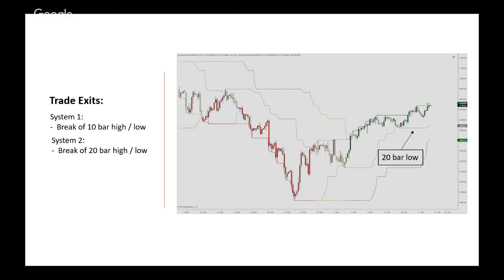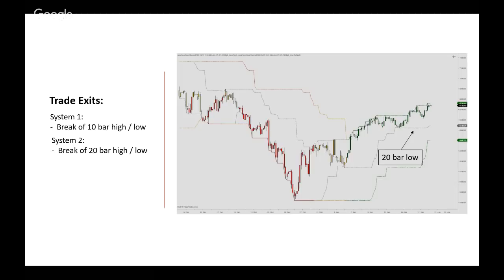Same chart as before here, 55 bar high low entry definition, and exit was then the 20 bar low for a long position. This is what we're seeing here, this gray line, and the 20 bar high for a short position. For system 1, the exit condition would be the break of the 10 bar high low.